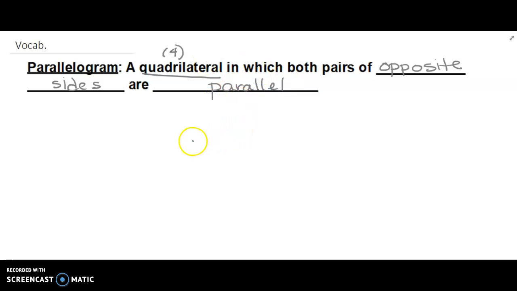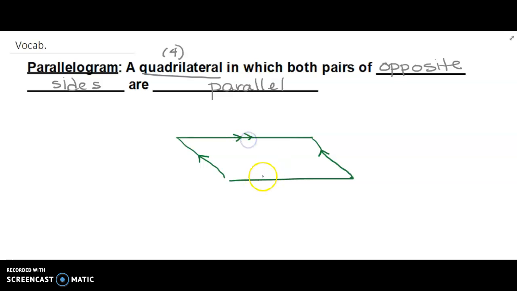So if I were to draw a picture, pardon my art skills because they lack, I know, this and this would be parallel, and then this side and this side would be parallel, okay? They have all various forms, but both pairs of opposite sides are parallel. Okay, that's the main thing.